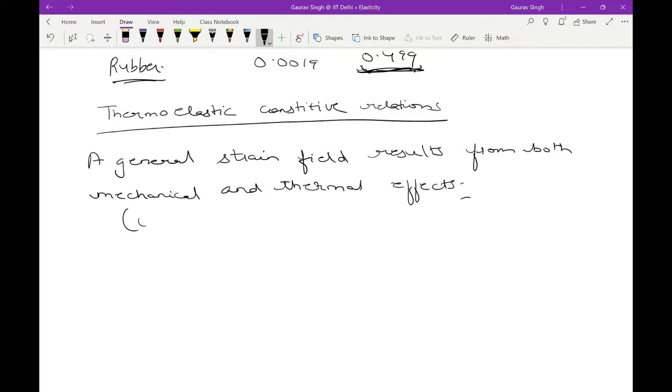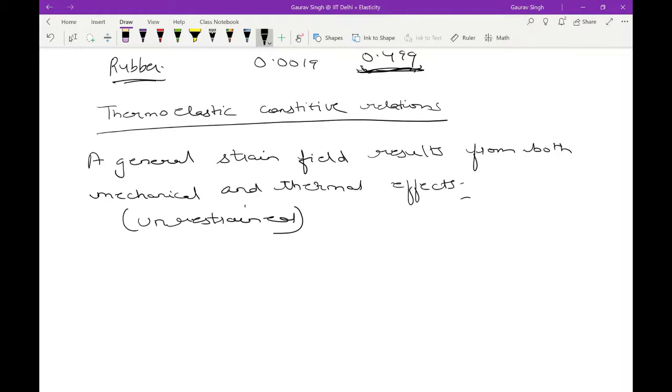Remember, all this is only true for an unrestrained solid, meaning the solid is allowed to expand or contract. If it's a restrained solid, then the effects are somewhat different. So let's see.